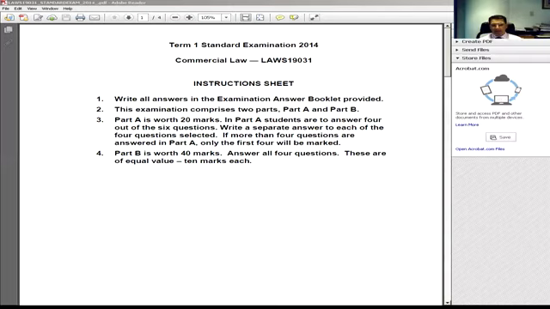Part B. So this is the guts of the exam, if you like. It's 40 marks and you have to answer all 4 questions. So these, of course, are a little bit harder, and they're asking you to pick up specific concepts.